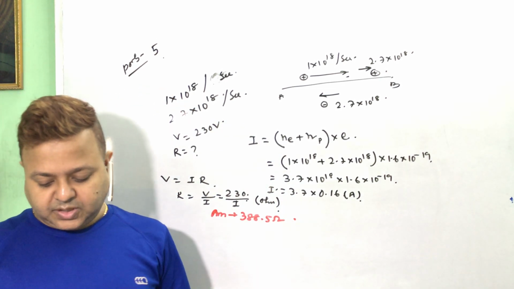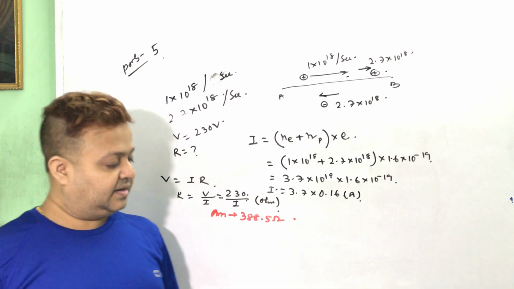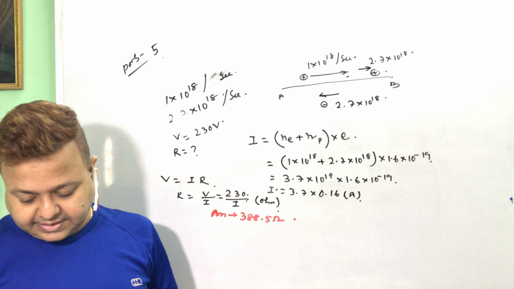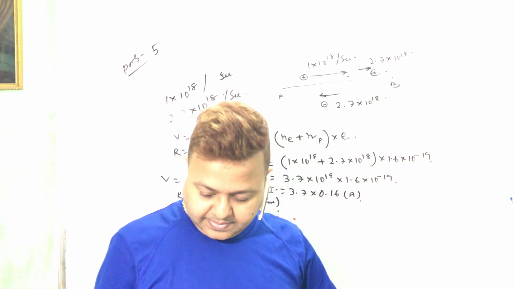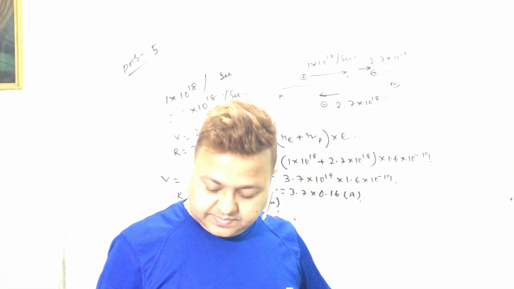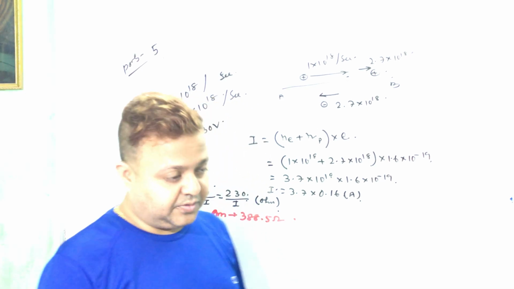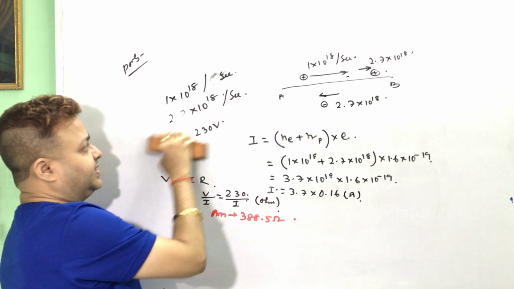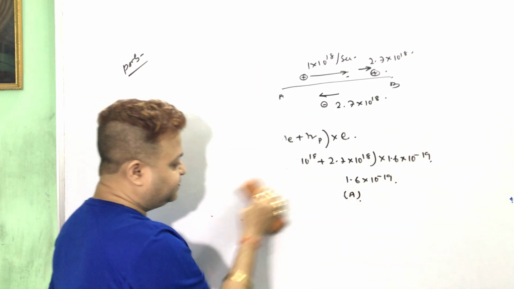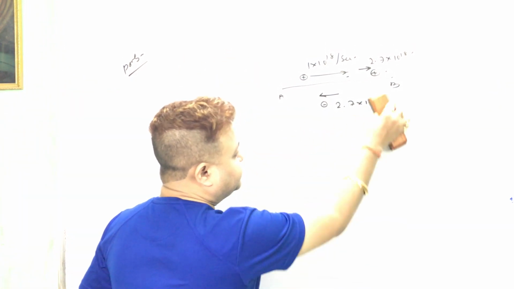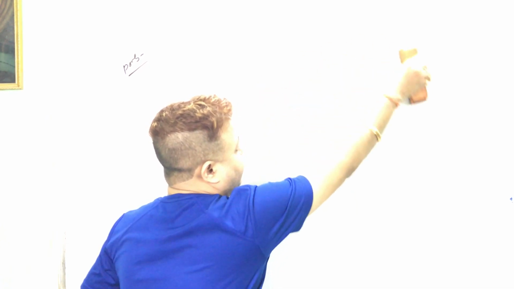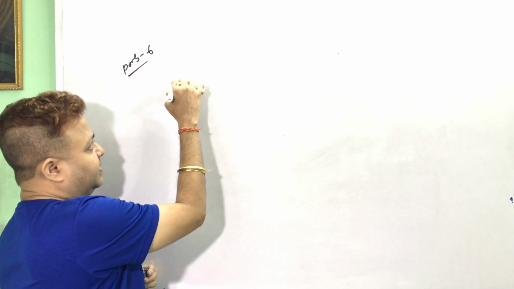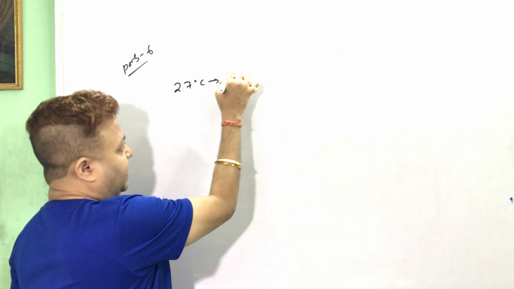Next, number 6. At 27 degree centigrade, the resistance of a resistor is 83 ohm.